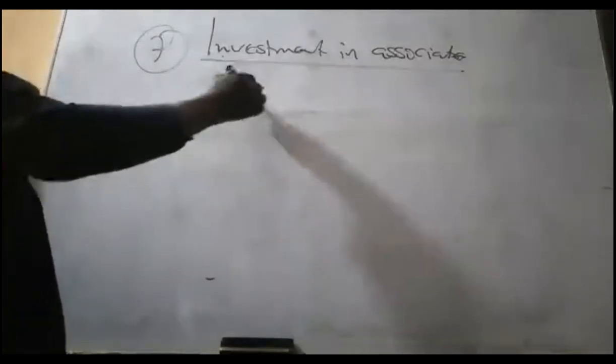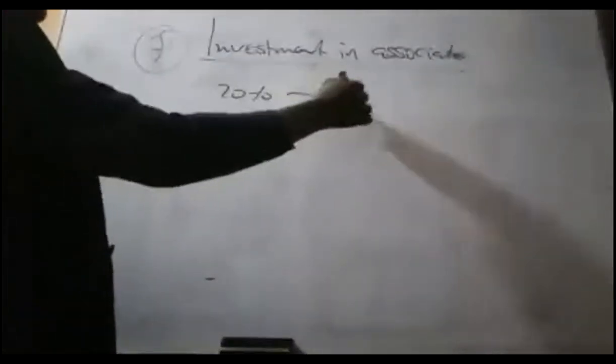Good. We said that associates are not consolidated. Instead, we only take our share of profit. In an associate, we call them the investor and the investee. Associates are where you have from 20% up to 49% interest in the person.